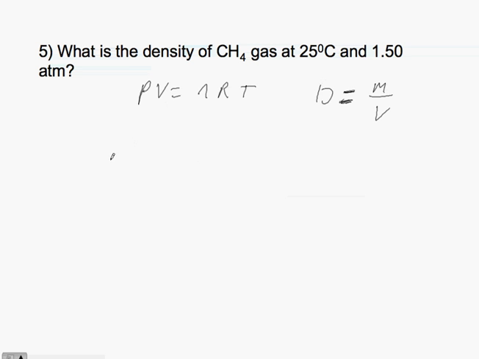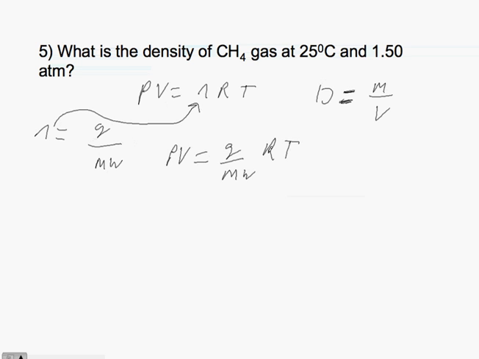Using this equation, we know that our moles is equal to grams over molecular weight. If I take the moles and substitute back into the equation, I will have PV is equal to grams over molecular weight times RT.